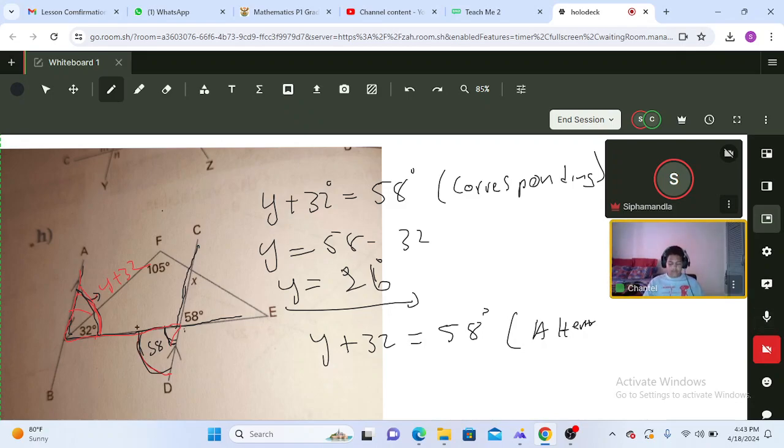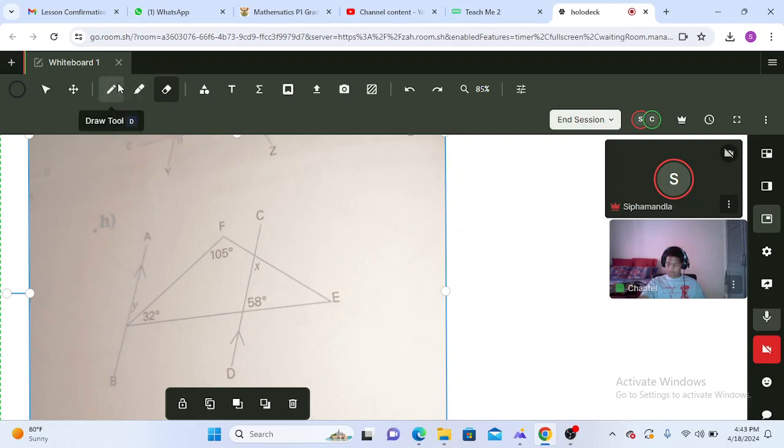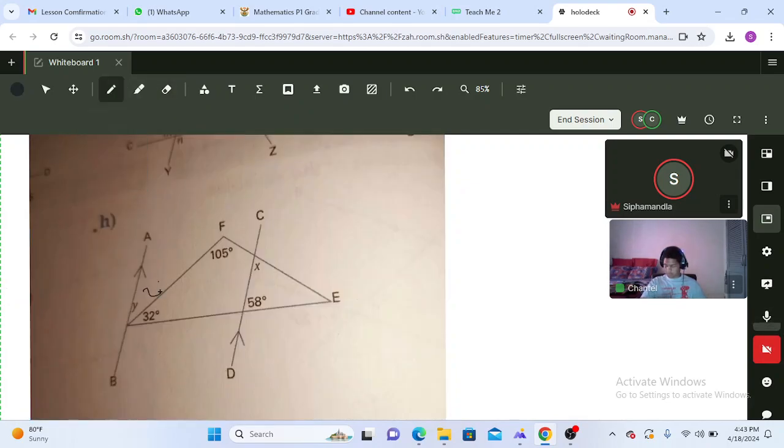So now we know that this angle is 26 degrees, and then we have to calculate this angle, which is x. Now to find x, you can do it this way. You can say, okay, I have this big triangle. You should also not forget about the triangles, right?